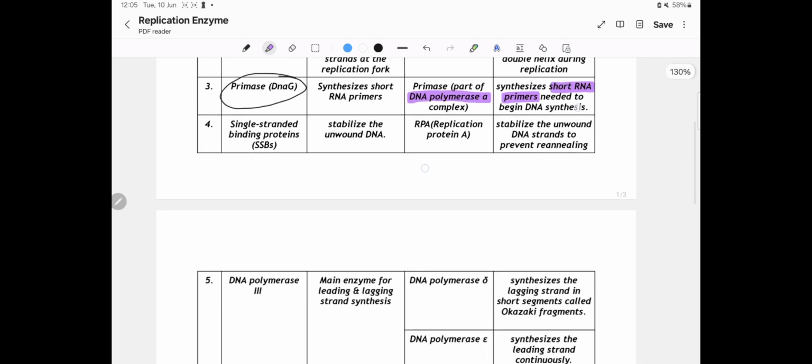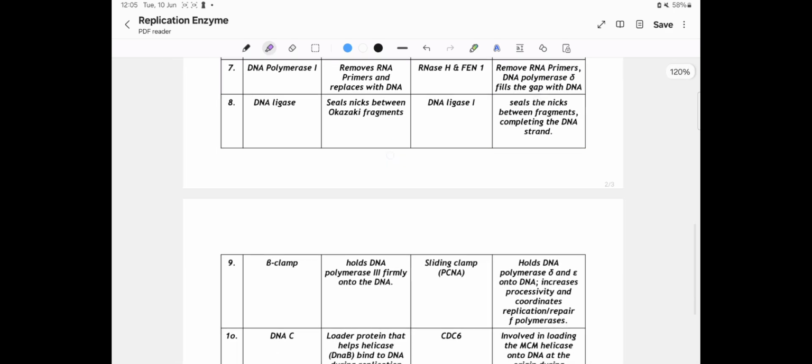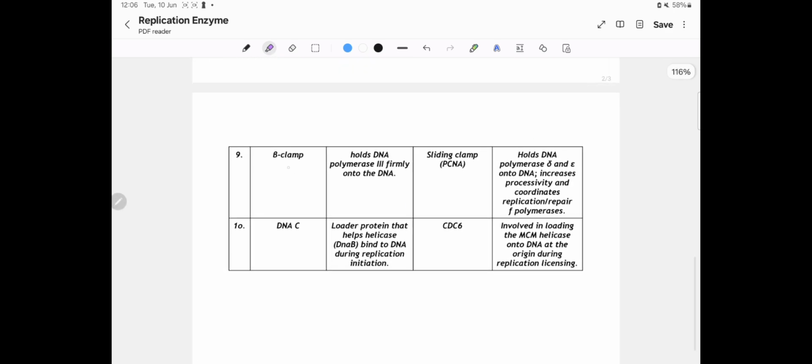And we now have to see that, yes, beta clamp holds DNA polymerase 3 firmly onto DNA, okay. So it has sliding clamp activity, and it is also similar with PCNA for eukaryotic DNA replication.